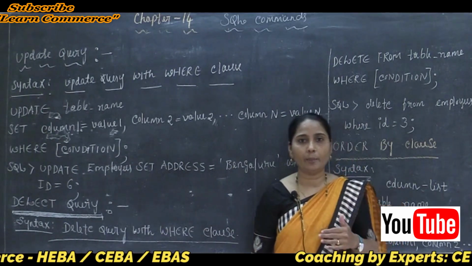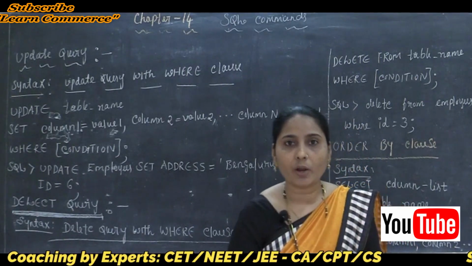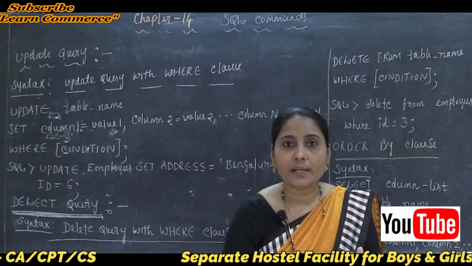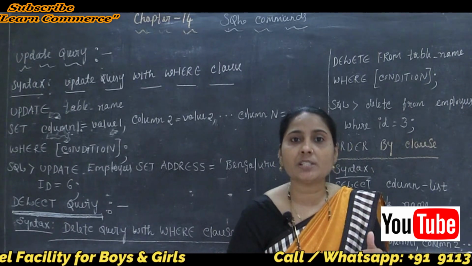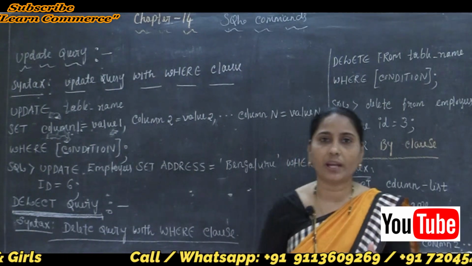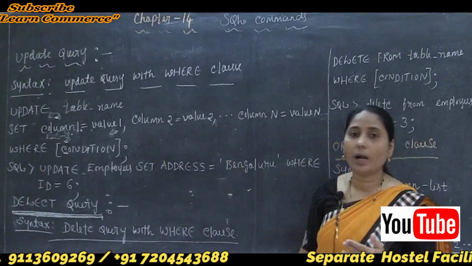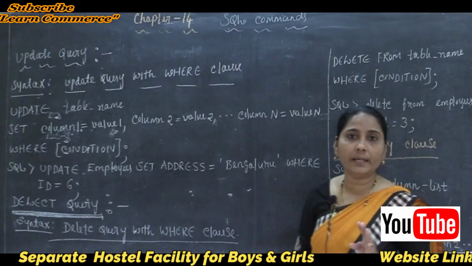Maybe in the table employee some records are there, and I want to make some changes in a record. Such changes we can perform by using a query like the update query, to modify existing records in a table.